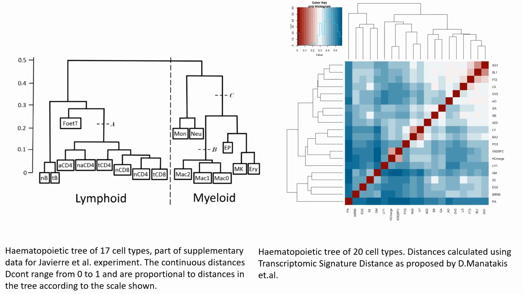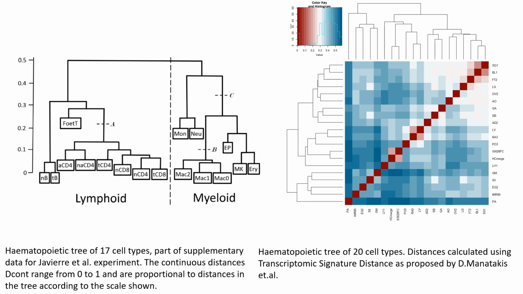In our study, we assess how well various network topological features for the networks are able to discriminate between various cell or tissue types. For dataset 1, quantitative distances between 17 cell types can be derived from a hematopoietic tree that has been published as part of supplementary materials for the PC Hi-C experiment.